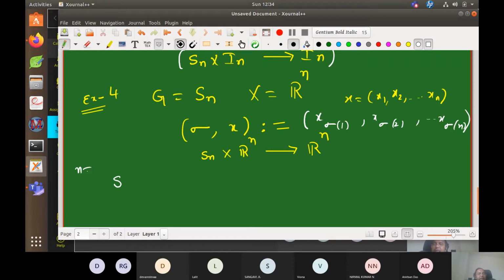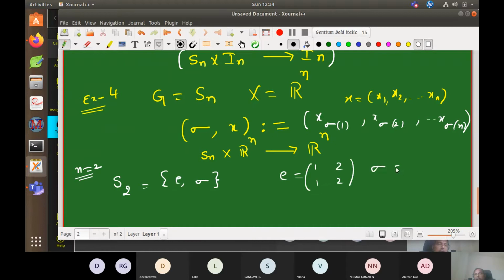So let us fix the n equal to 2 case. S2 contains the identity and the sigma, only 2 elements. The identity maps 1 to 1 and 2 goes to 2.